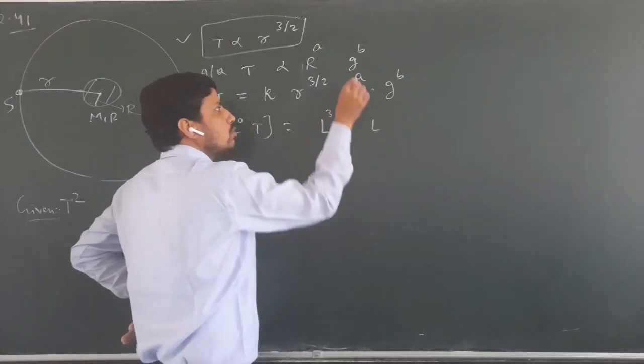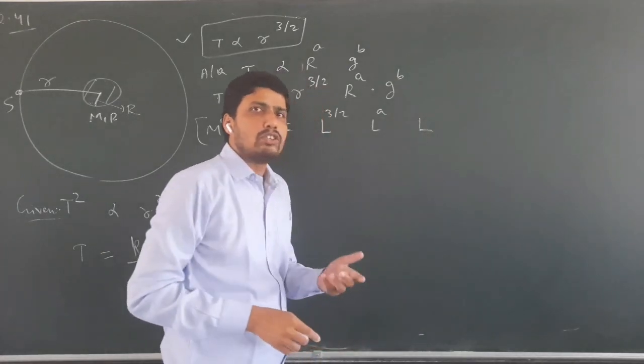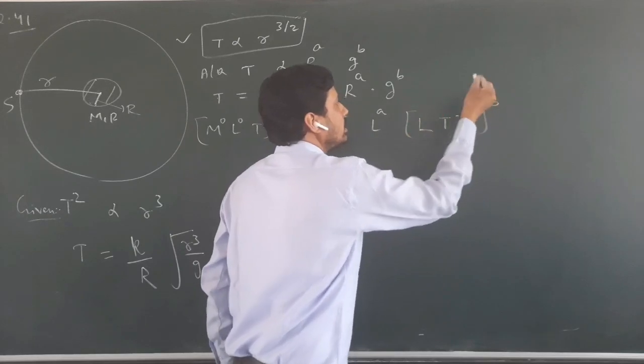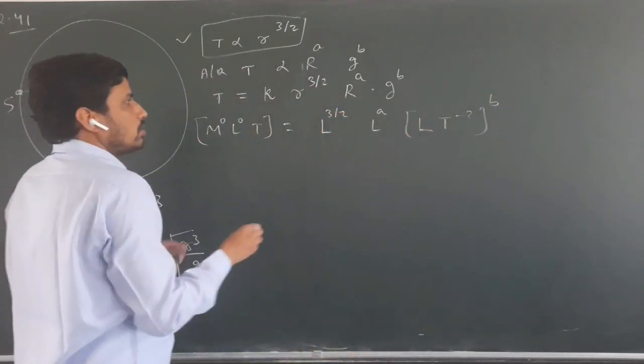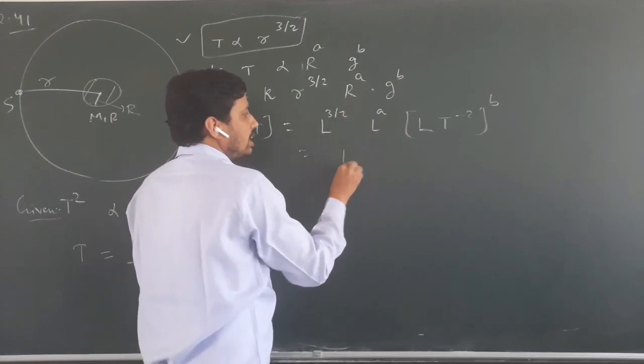This is also L to the power a, and this is g. g is acceleration due to gravity. So acceleration is L T to the power minus 2, and to the power how much? b.